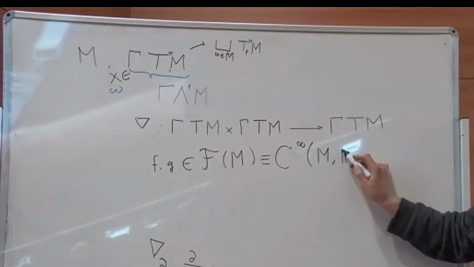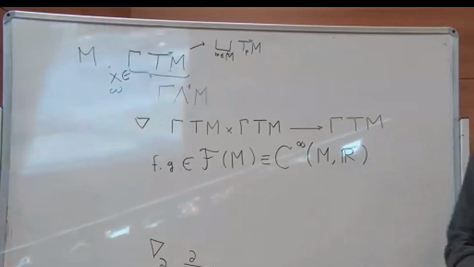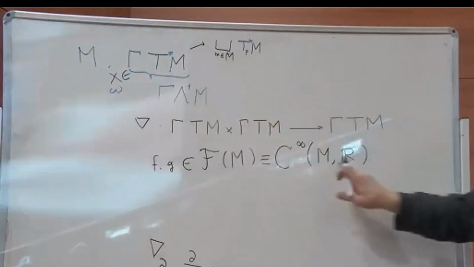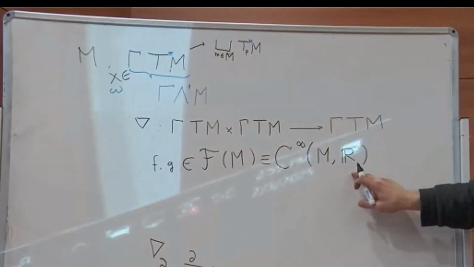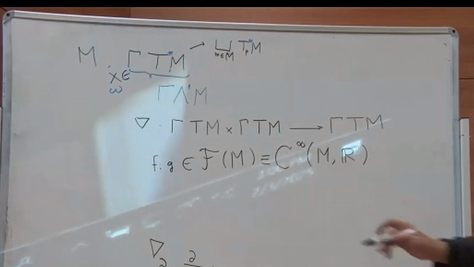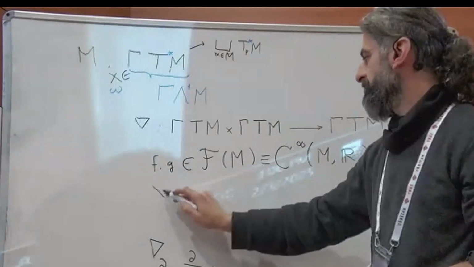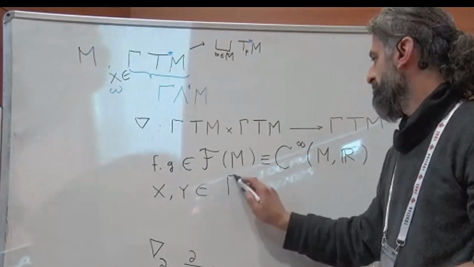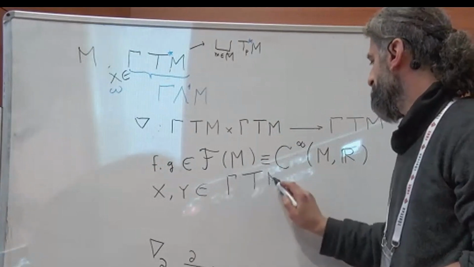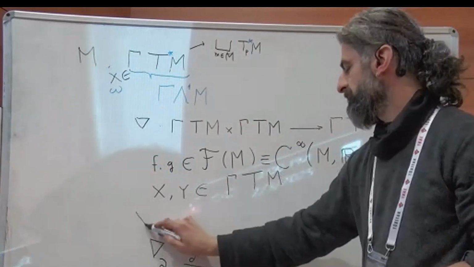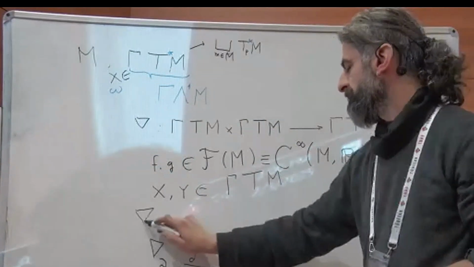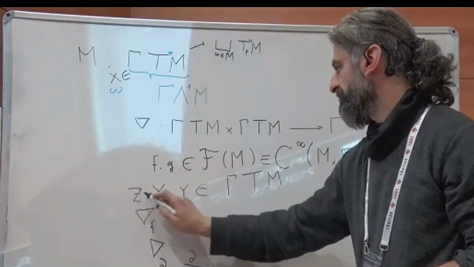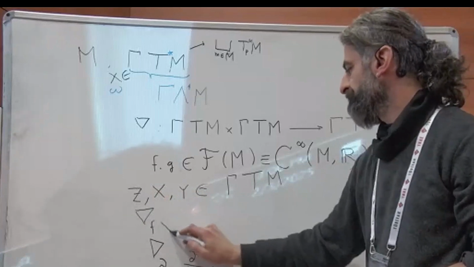Okay. So F takes a point of M and maps it to R, and this is done smoothly. Okay. And if X and Y are vector fields, then the connection satisfies this property. And also put Z here, okay? Another vector field.